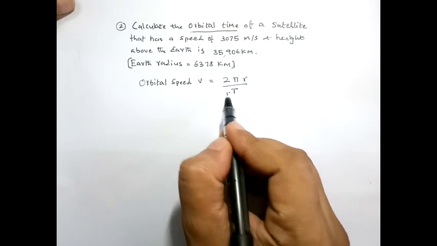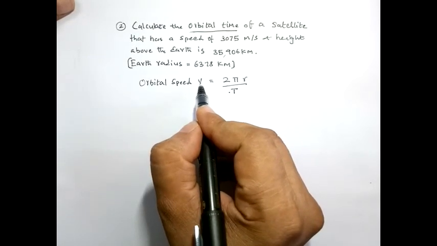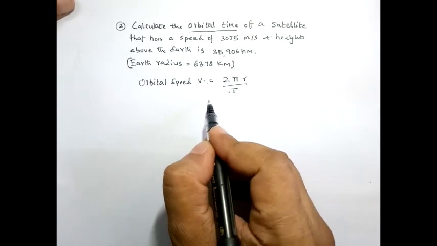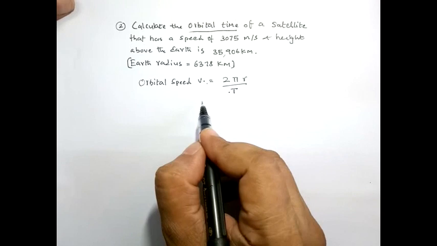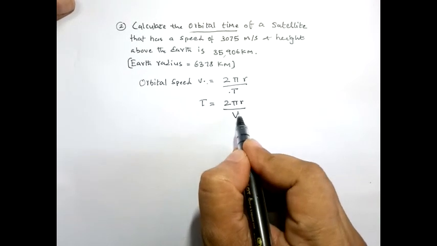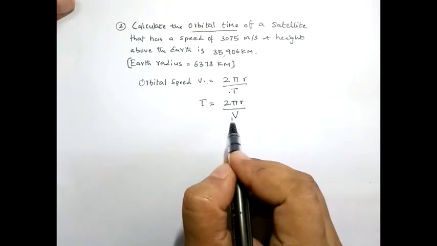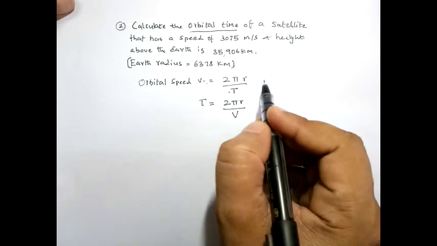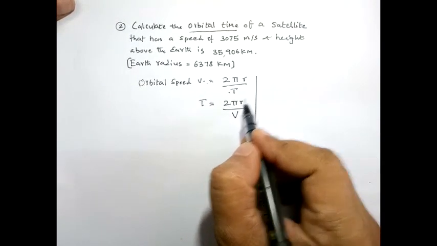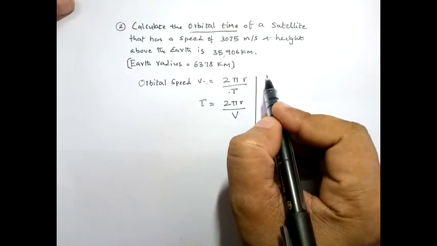This value is going to go here and this is going to come here, so that is t is going to go here and v is going to come here. That's it. This is how we rearrange the formula, and now it's very important that we find the values which we have to substitute in the corresponding parameters.